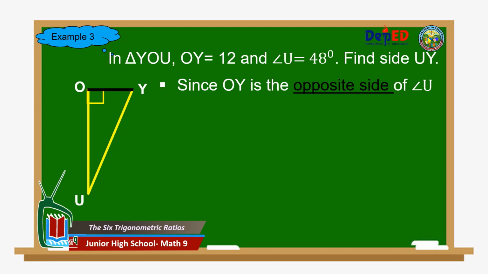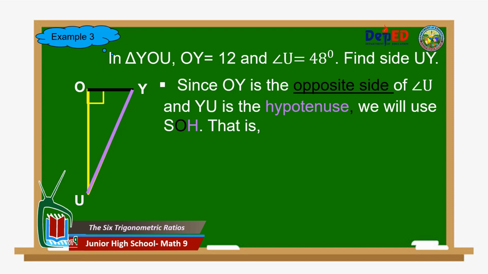So on this problem, our reference angle is at angle U. Since OY is the opposite side of angle U and YU is the hypotenuse, we will be using SOH, or that is simply sine. So that is, sine of angle U is equal to the opposite side of angle U, which is OY, all over the hypotenuse UY.